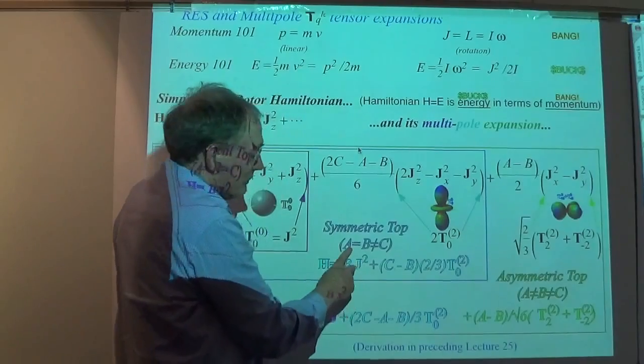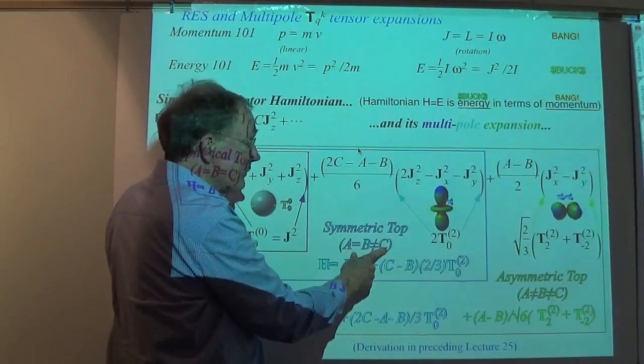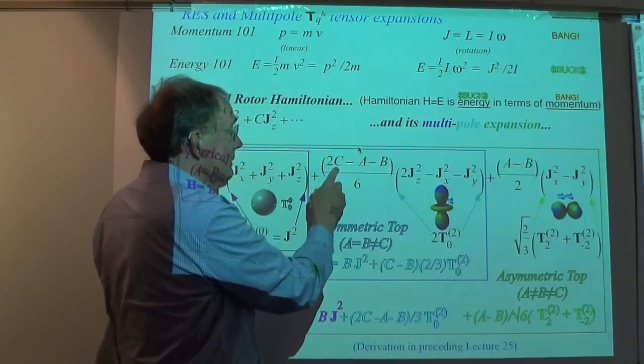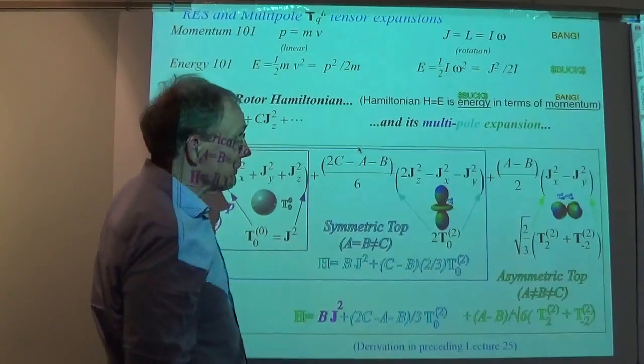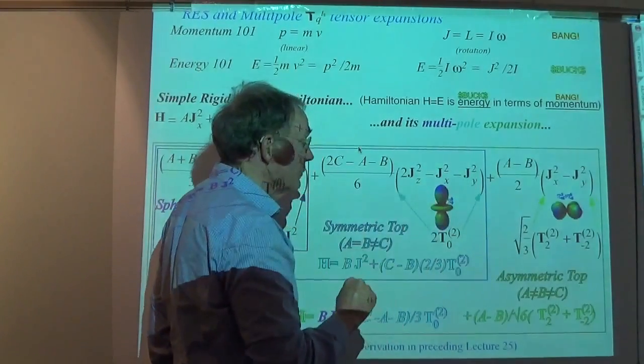So this would be specifically a case where I had a equal to b, but not equal to c, you see. So this would just boil down to a difference between 2c and 2a divided by 6, so it would be 1/3 there times a minus b.